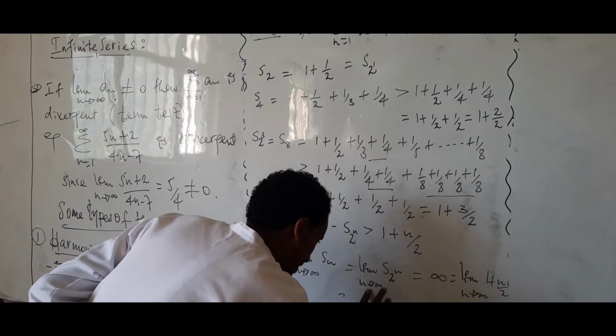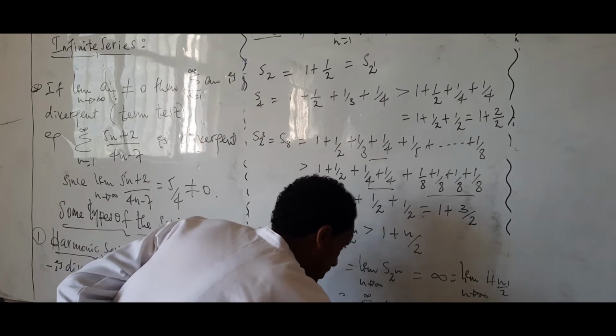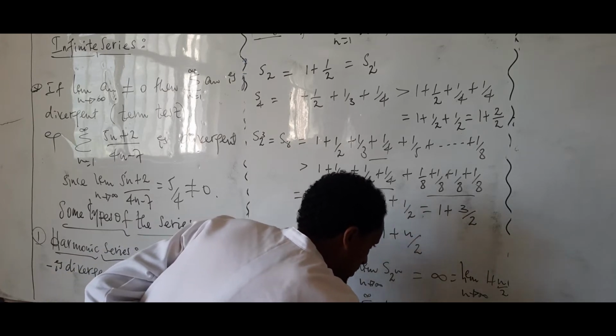Therefore, the sum of 1 over n from 1 to infinity is divergent.